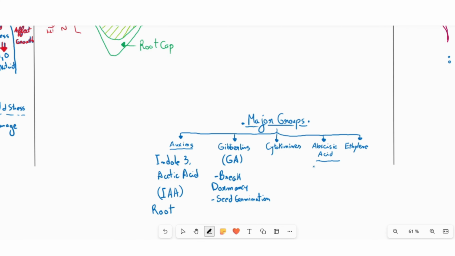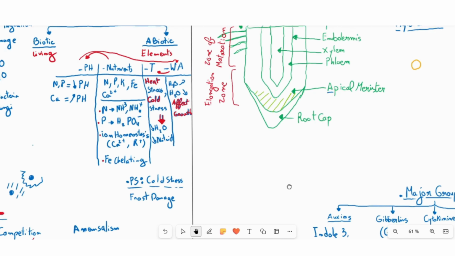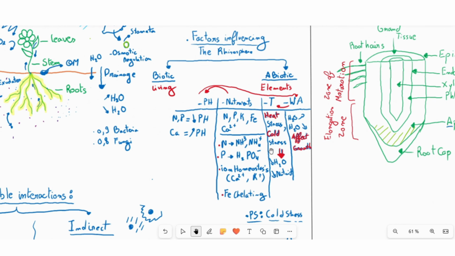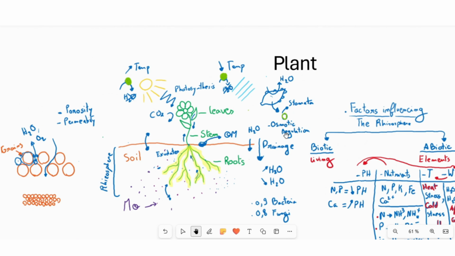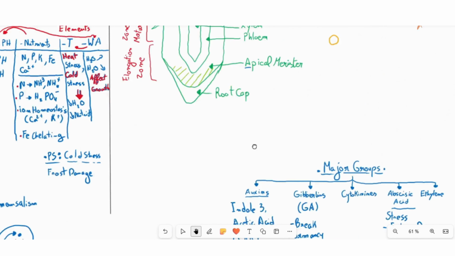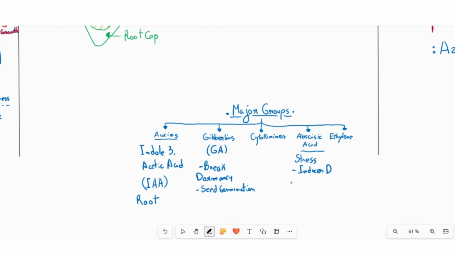You're going to find it mostly when the plant is in a state of stress. So it actually does the opposite. It induces dormancy. For example, another state of stress that we have already talked about is heat and cold stress. And what happens during these two phases is that the stomata opens and shuts to prevent water loss. So abscisic acid will also help with stomata function.